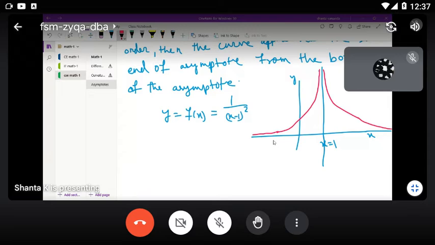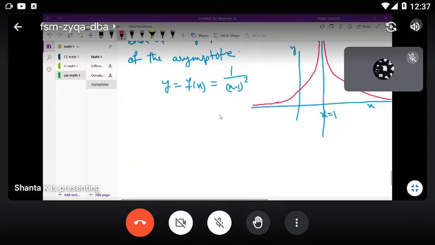Okay, like this. So here you can see we will write the curve approaches the same end of the asymptote x equals 1. x equals 1 is an asymptote of order 2, even order.